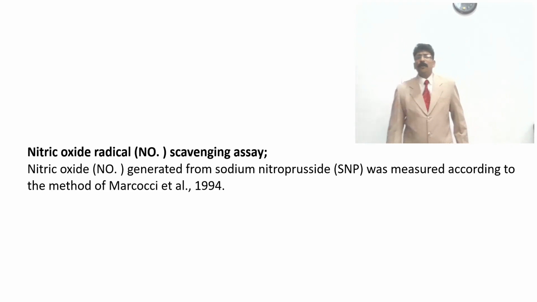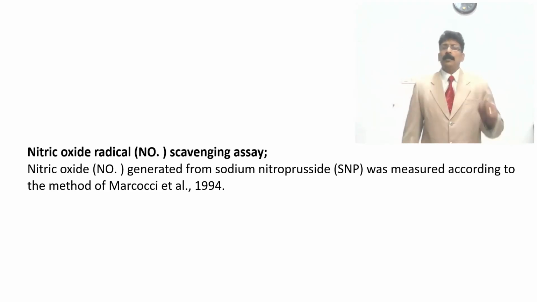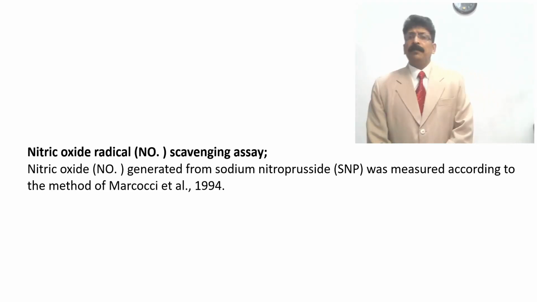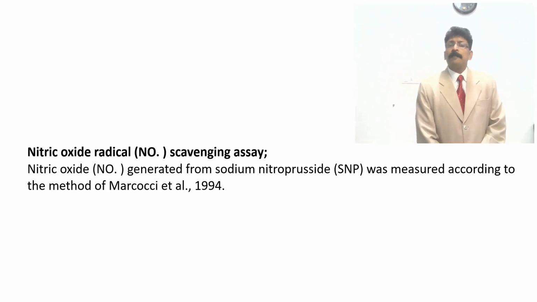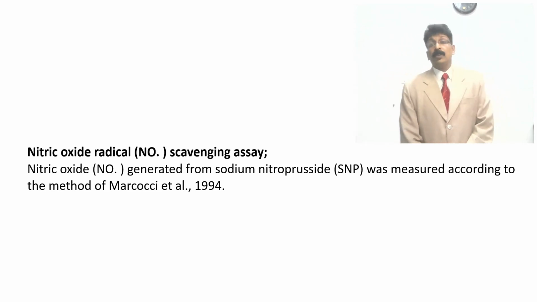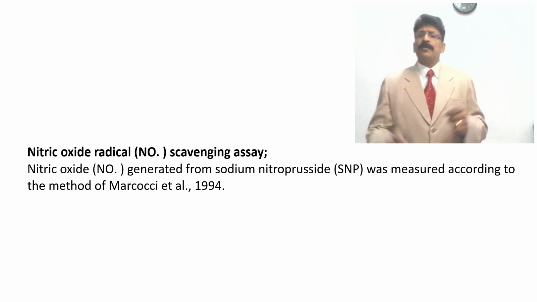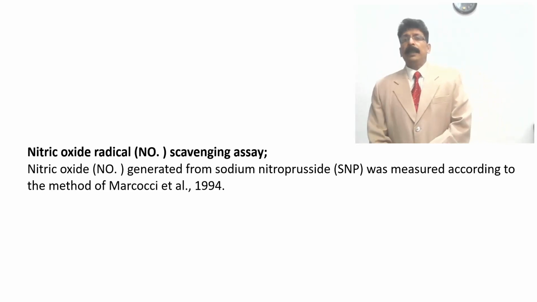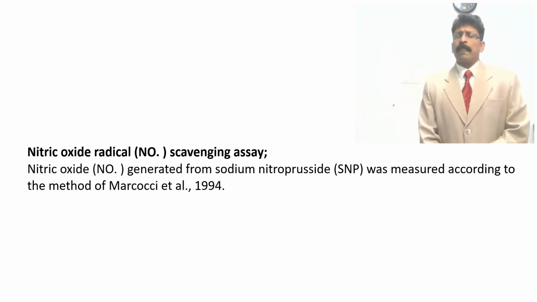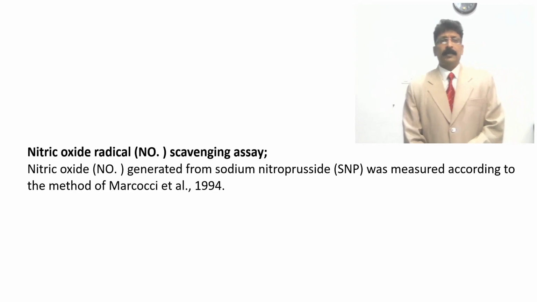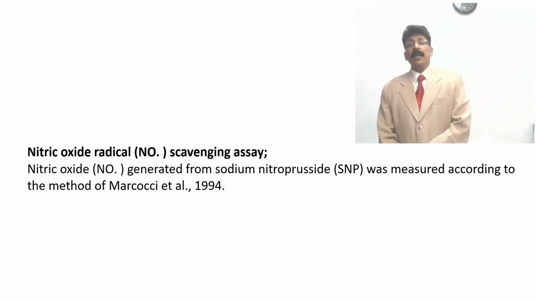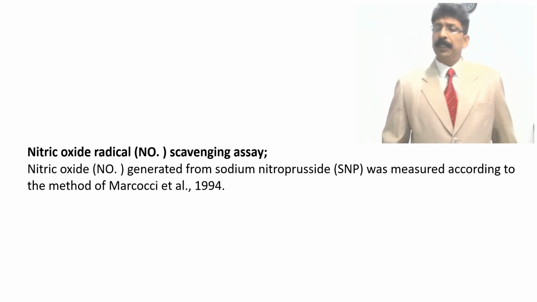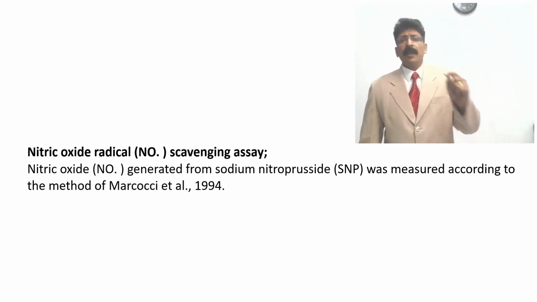This is a very interesting experiment which can be performed by any researcher, and in degree level projects most of them are carrying it out. So I hope it will be useful for degree pharmacy students who are determining antioxidant activity. I told about antioxidants in the previous class, so now only the experiment.